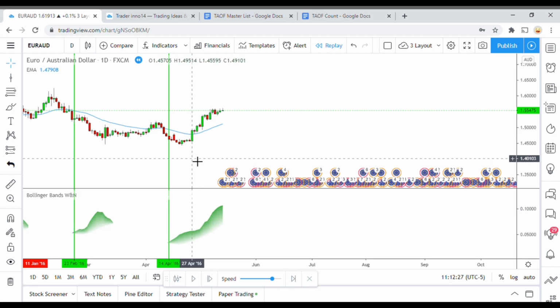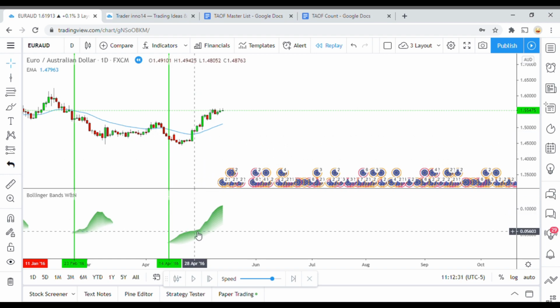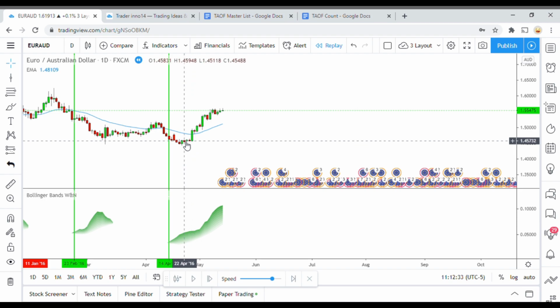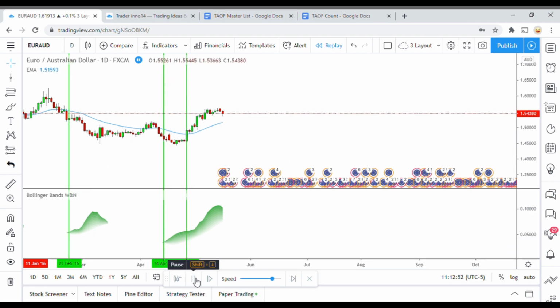I'm going to take that as a valid entry as well because the cloud is there, it's showing momentum. Price action has spiked above the EMA, telling us that we should be going long and that there is momentum behind the long move that is taking place. So I'm going to go ahead and count that one as a win as well.